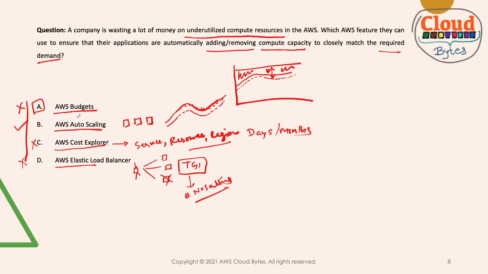Auto scaling can allow the target group to add or remove instances, whether it is consumed by elastic load balancer or any other aggregator or any other service on top of it. This is the underlying service that helps you do that. So the answer for this particular question is auto scaling.